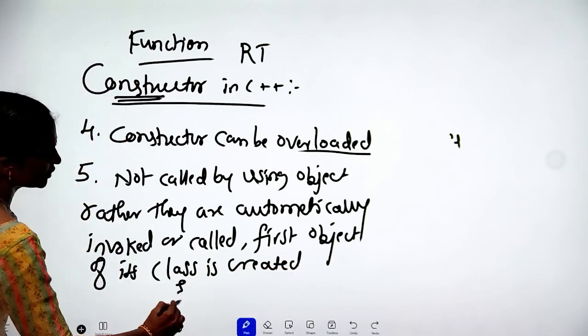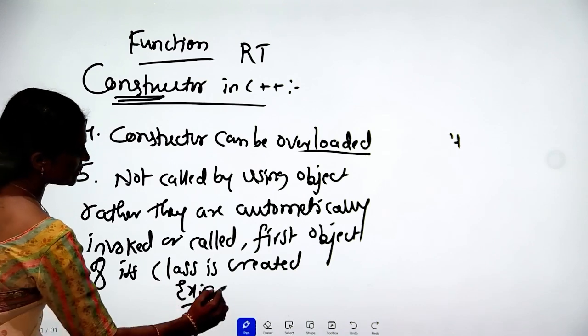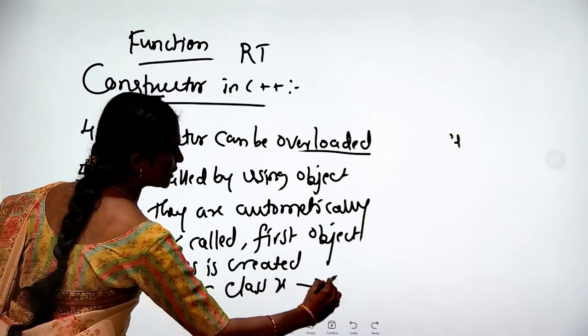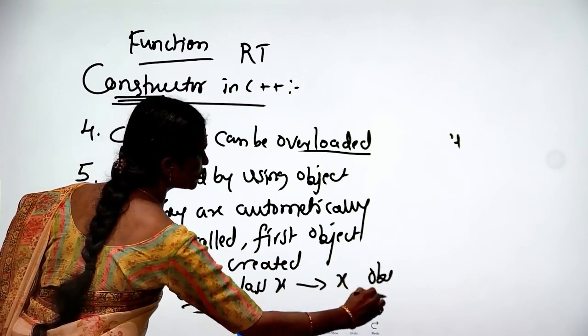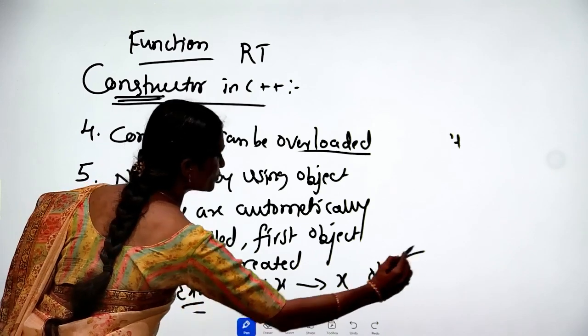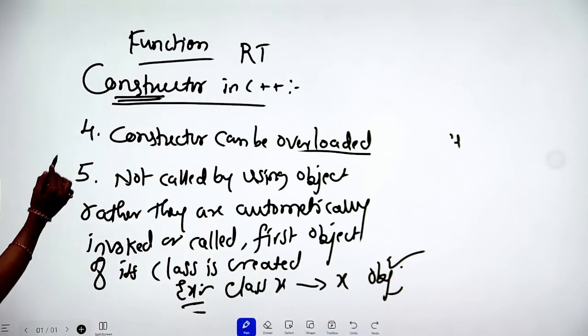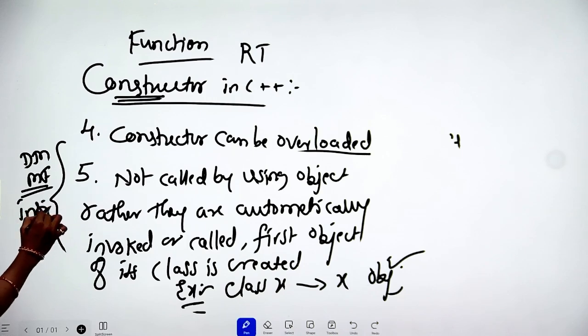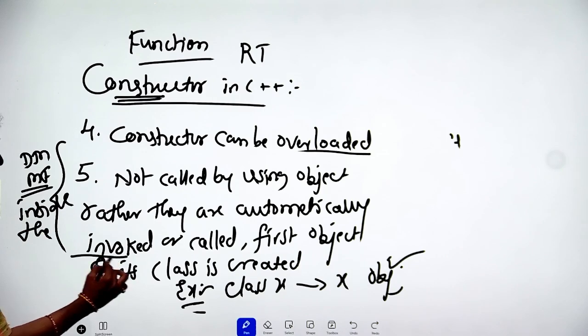For example, here the class is X, so the object creation is X object. As we create this object, the statements inside the constructor are automatically executed. So these are the properties of the constructor.